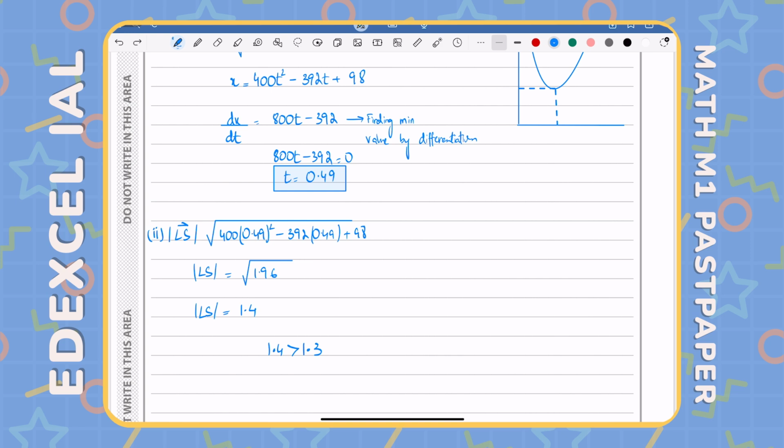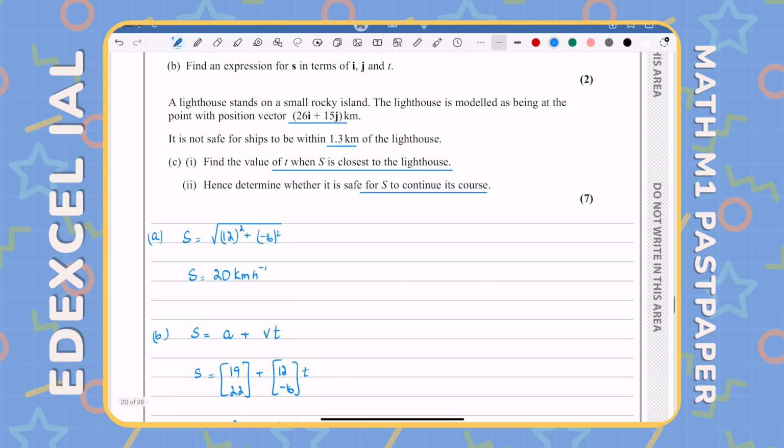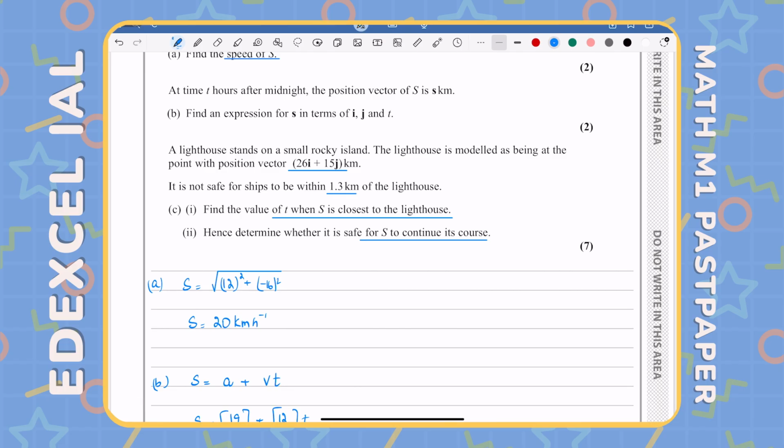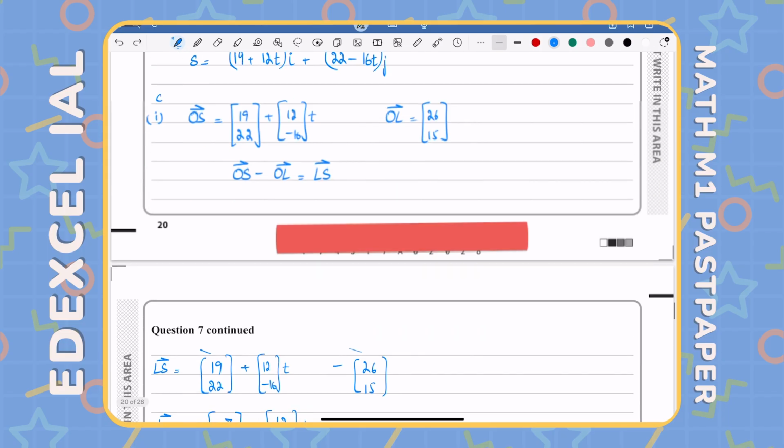Because 1.4 is greater than 1.3, it is safe to continue, because the closest that it will get to the lighthouse is 1.4 kilometers. According to the question, 1.3 is the closest it should get, and because the closest distance it will ever get is more than the safety distance, it's safe to continue.